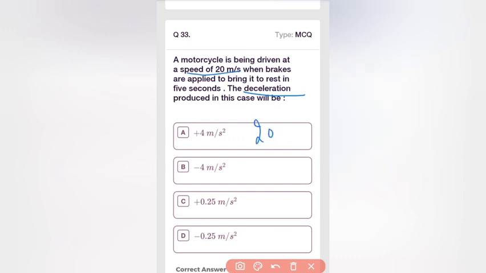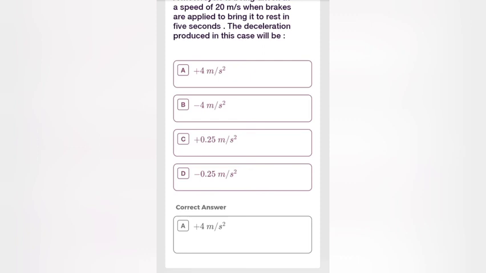So it is 20 meter per second and the time given is 5 seconds. So therefore the acceleration, it is going to rest, right? That means the speed is decreasing, no? So it is minus 4 meter per second square. Option B is the correct answer.